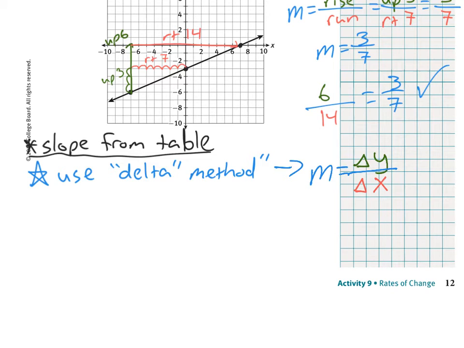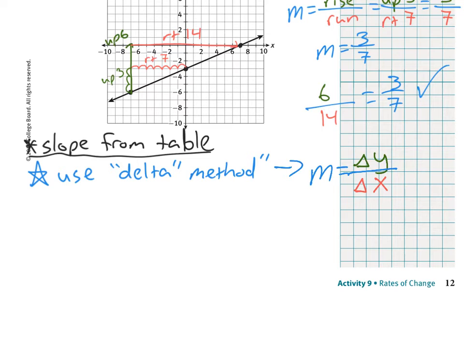Okay? So that just refers to the change of y over change of x. It's the same thing as rise over run. You just saw in the graph how it changed in its y. It went up 3. That would be the delta y part. And when it went to the right 7, that was the delta x part. Okay? So it's easy to see in a table.